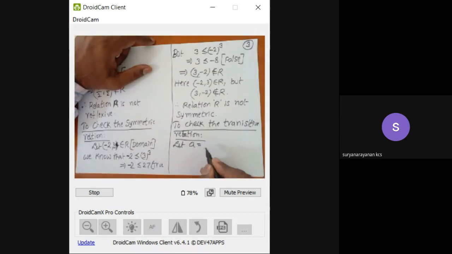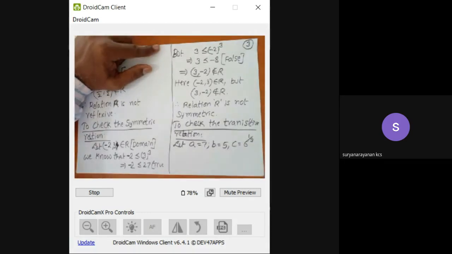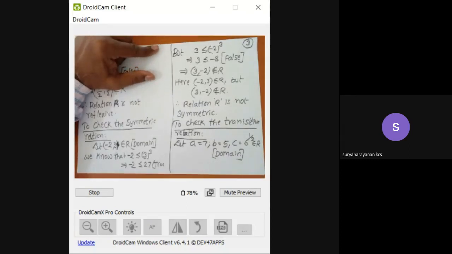Let us take A is equal to 7, B is equal to 5, C is equal to 6 power 1 by 3. Let us take like this, three numbers belonging to R, from the domain.